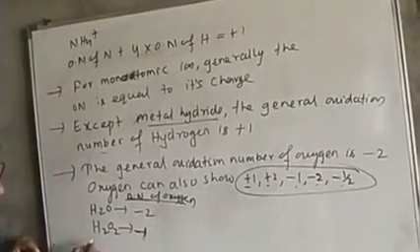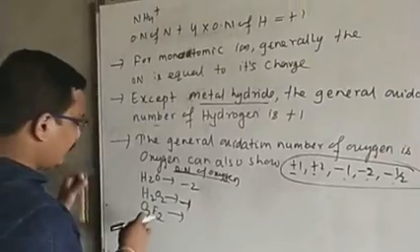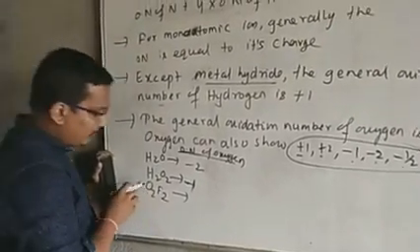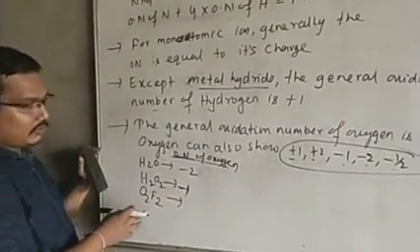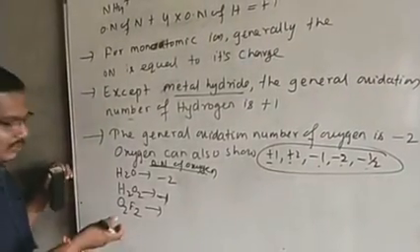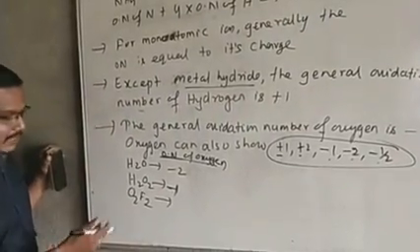Like that, if you think about O2F2, fluorine has more electronegativity, so fluorine cannot show the +1 oxidation state. It always shows the -1 oxidation state. In the next rule, we think about the halogen, fluorine.